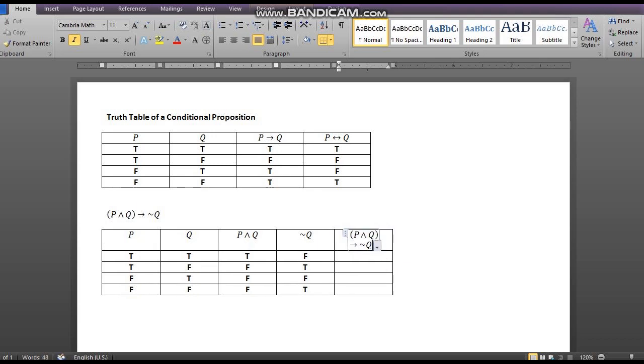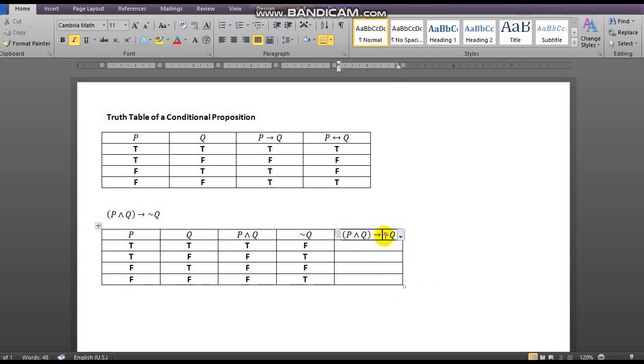Not Q. So let's have that one. P and Q implies not Q. So there we have that. So true, false is false, false, true is true, false, false is true, and false, true is true. So this is the truth value of P and Q implies not Q.